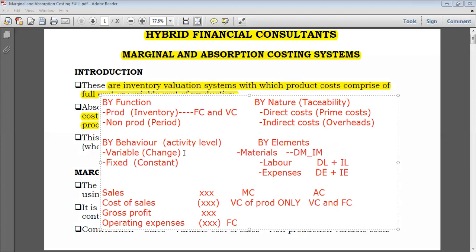So simply speaking, to help you further, normally, variable cost when measured on a per unit basis is constant. Variable cost per unit does not change. It is usually the same.